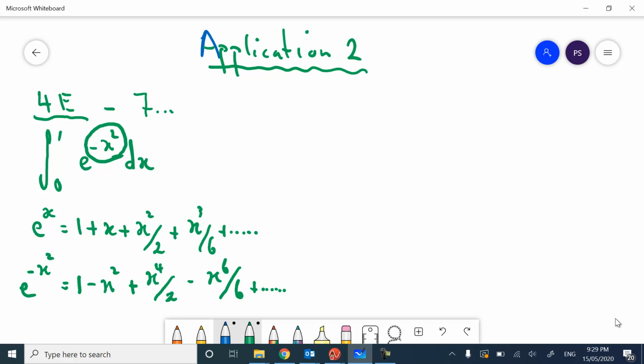Okay, and what I now need to do is do that integral. So I'm now going to integrate that. Now I only have to use a 4th degree polynomial here, but I will write in this one just to show you something.